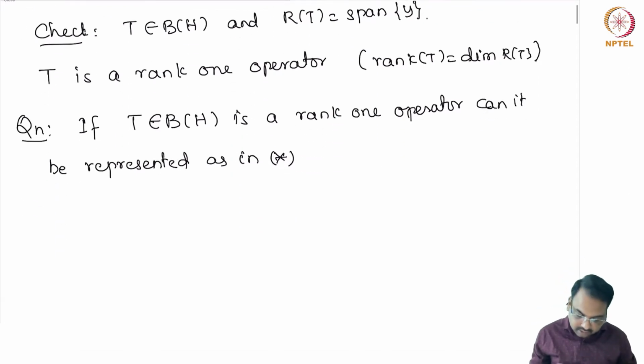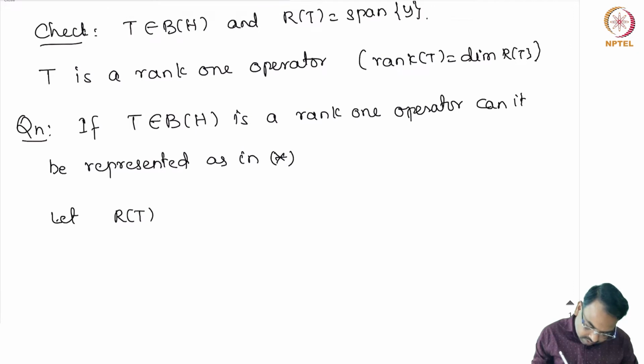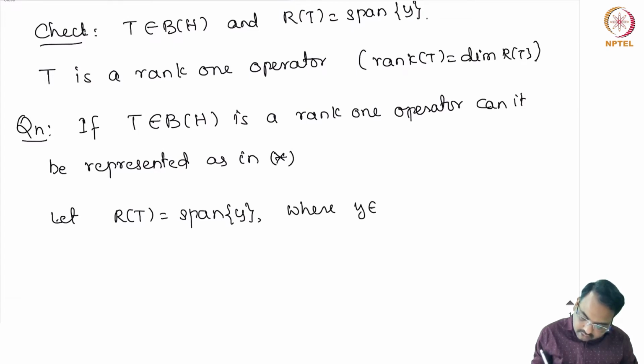Okay, in fact we can do that. Since the range of T is one-dimensional, it is spanned by a single vector. So let us take the range of T to be span of y, where y in H is fixed.